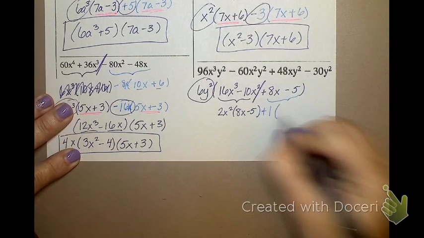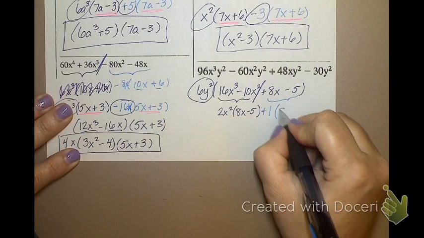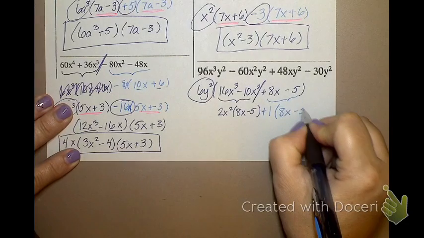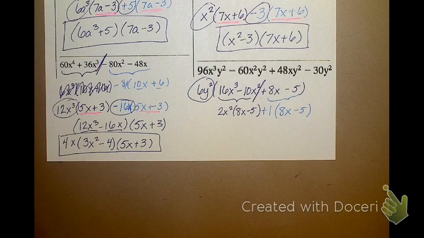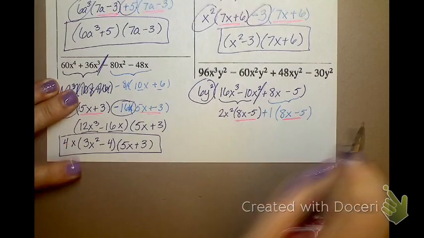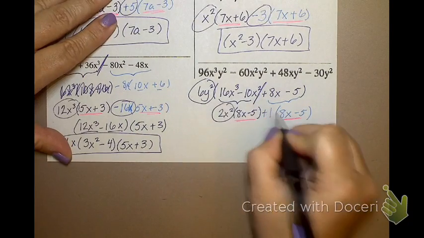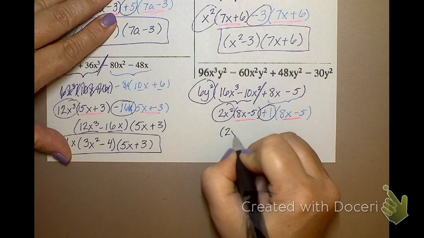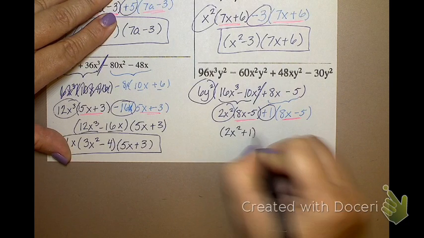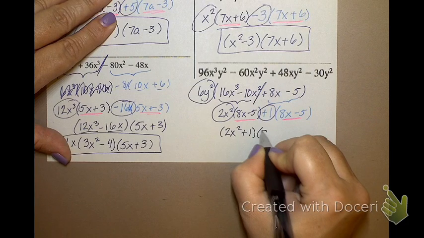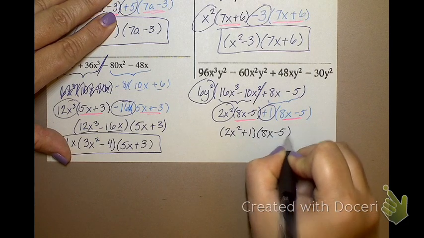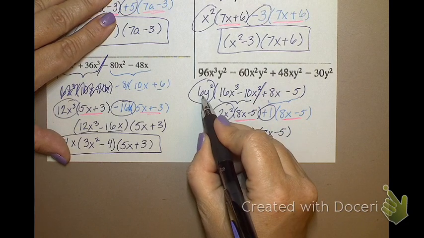So what would be left inside if I took out a 1? 8x minus 5. Do I have my matching parentheses? Yes. So let's see. I end up with 2x squared plus 1 and 8x minus 5. And I can't forget that at the very beginning I need the 6y squared.